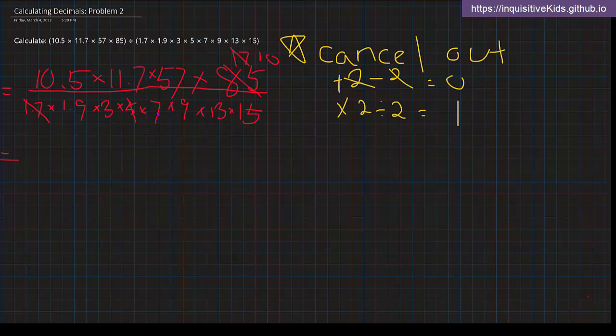Now, I don't think we can do anything further right now. Well, yes, we can simplify it like this, so that becomes a 2, this becomes a 3. Now we have 57. Immediately, I know it's divisible by 3 because I look at its digit sum. 5 plus 7 equals 12.